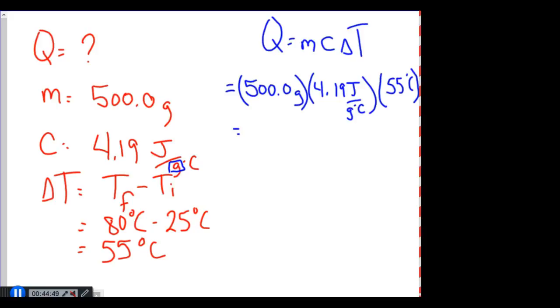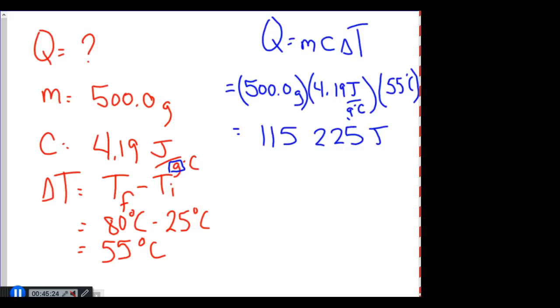When you do this calculation, you are going to get a calculated answer of 115,225 joules. Whoops. Which has the wrong number of significant figures. This is a multiplication problem. What is the rule?